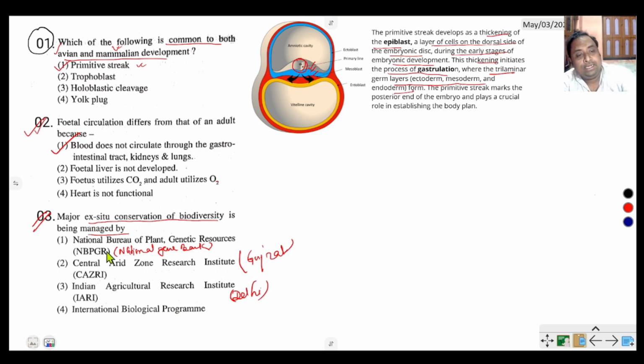The ex situ conservation of biodiversity in India is managed by the National Bureau of Plant Genetic Resources, NBPGR.